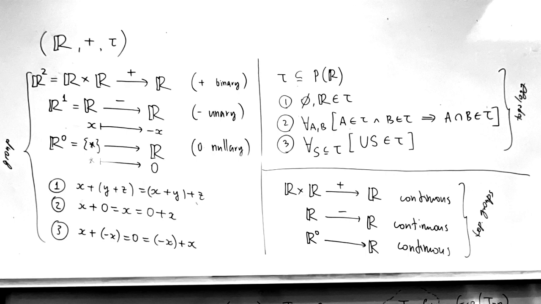Now, there is a pattern to these maps. Specifically, there's a pattern in their domains. The domain of plus is R squared. The domain of minus is R to the power 1. And the domain of the identity element, who would like to tell me what it is?